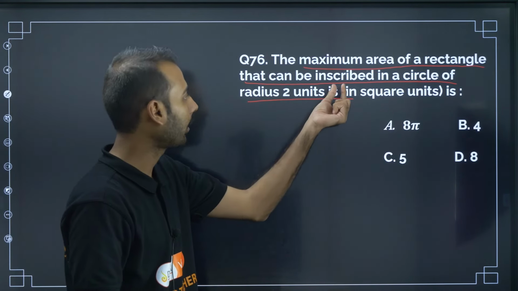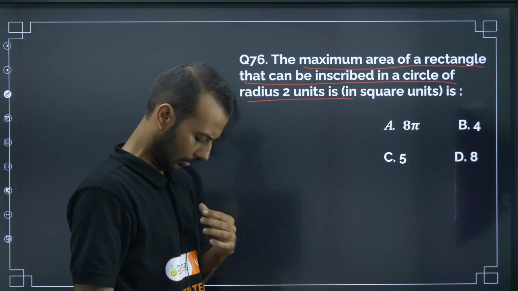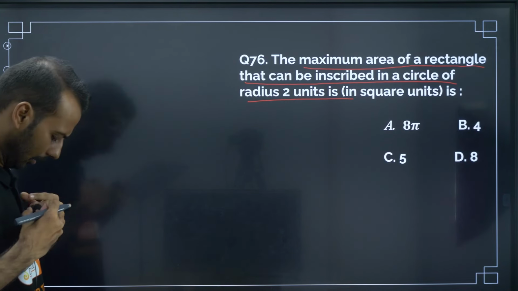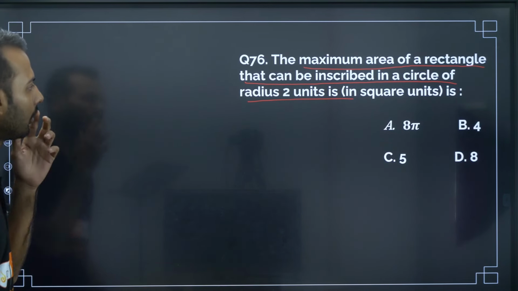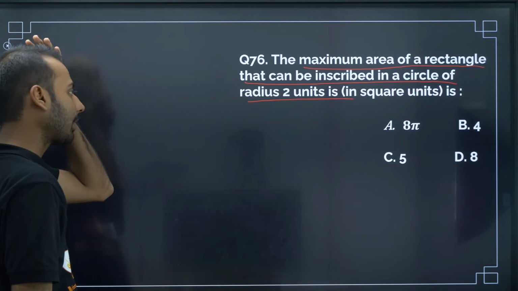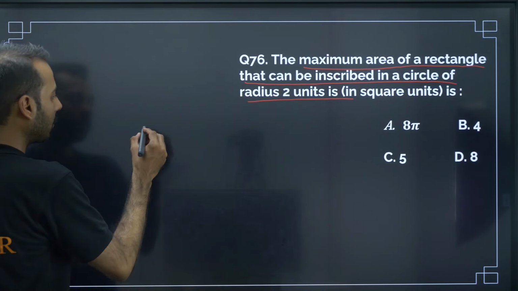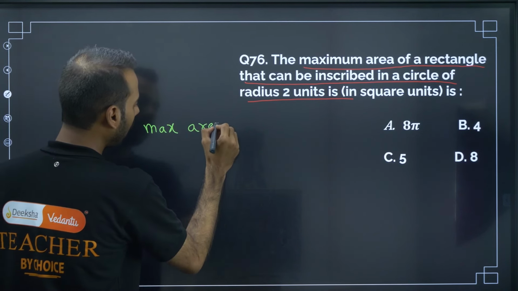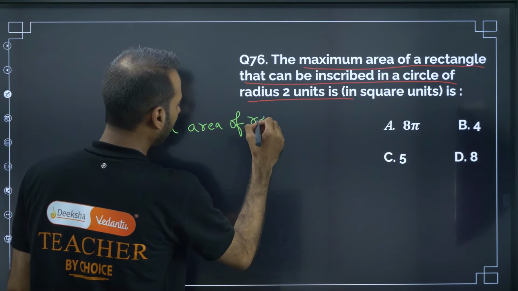Maximum area of rectangle that can be inscribed in a circle of radius 2 units. Now for this one, synopsis point, you make a note of this.